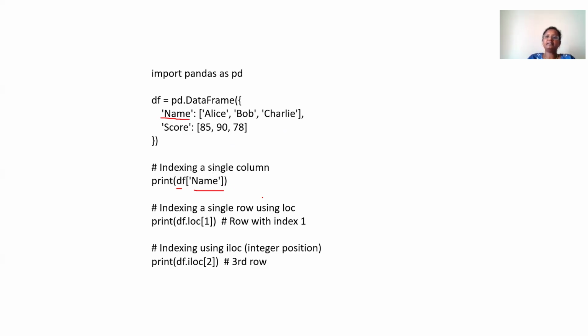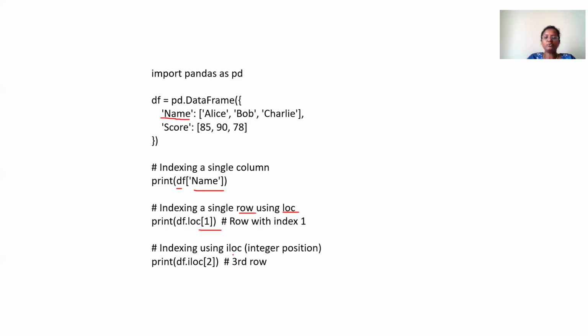And the second method in the indexing, I said, is single row using loc. What is that? Location. If you want to extract whatever data is available in the index 1, then it will print.